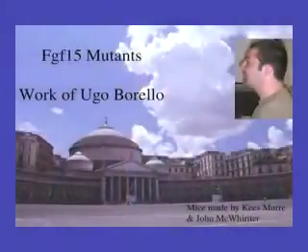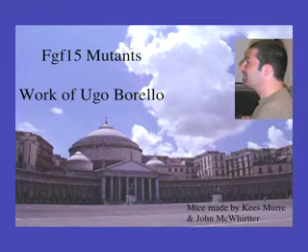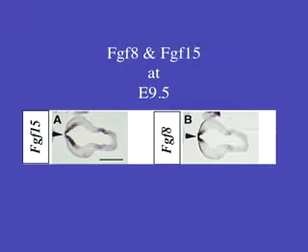The FGF-15 analysis was done by Ugo Borello, who's from southern Italy. This is Naples. And the mice were made available to us by Kiesmer and John McWhirter. Okay, so look at FGF-8 and FGF-15 expression at a younger age, embryonic day 9.5.